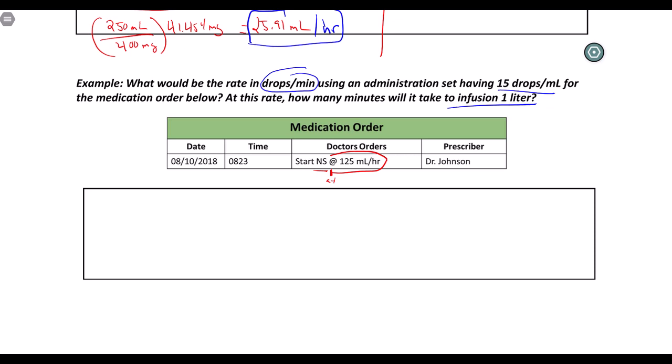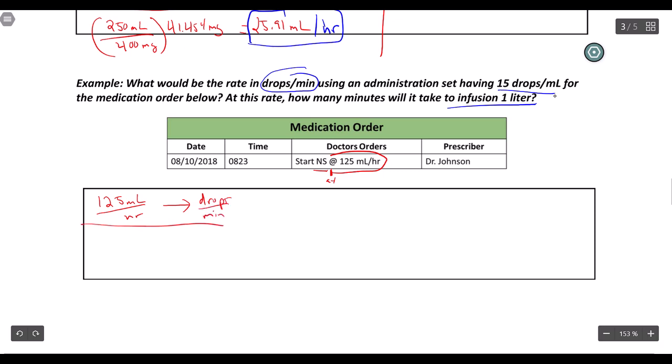Now notice that we have to eventually get 125 mLs per hour. We have to go and make that into drops, right? Let me write that a little clearer for you. We got to get that into drops per minute, right? This is our goal. We want to convert 125 mLs per hour to drops per minute. So how do we take the mLs and convert that into drops?